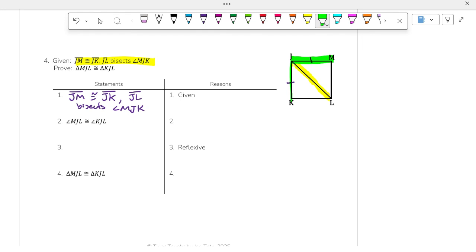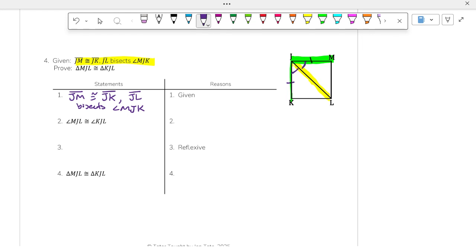We already talked about this like 5 times today. What does an angle bisector do? It does what to the angle? Splits it in half. So, the little angles formed on either side of that line are congruent. Now, are these angles that I just marked the same angles that they listed here that are congruent to each other?